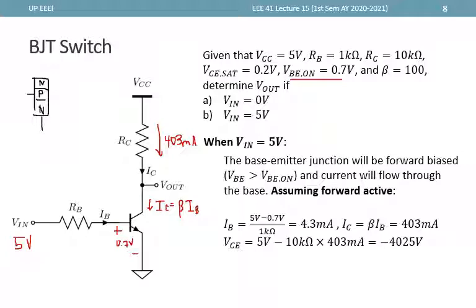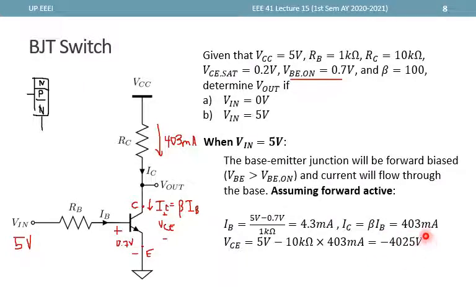And now VCE, this is the collector, this is the emitter. So VCE is here, which is exactly equal to Vout. So VCE is equal to Vout, which is equal to 5 volts minus the voltage dropped across this resistor, which is RC, 10 kilo ohms times the collector current. So this turns out to be a negative 425 volts.